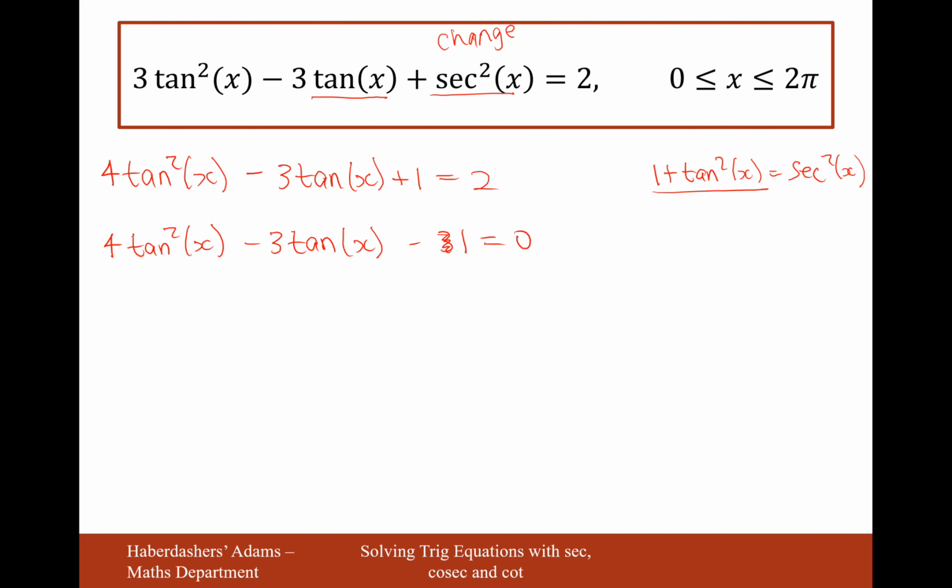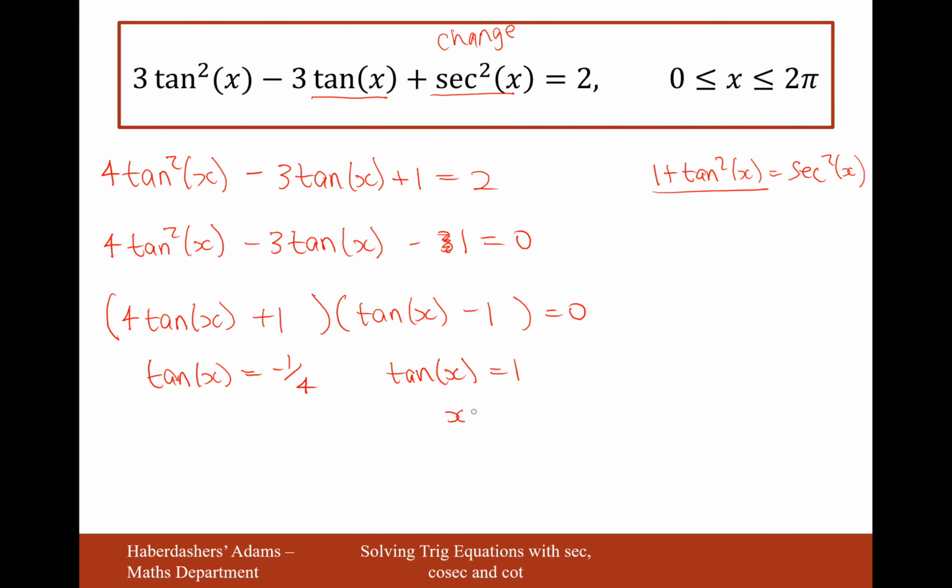So we take away 2 from both sides. Now let's factorize 4 tan x, and I think it's going to be minus 1 on this side and a plus 1 on this side. So either we have tan equals minus a quarter or tan equals 1.